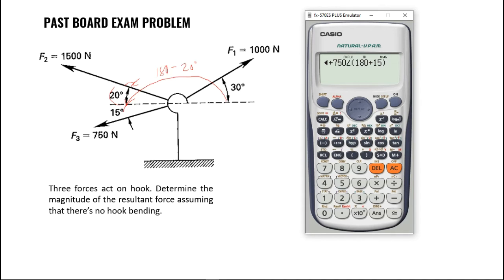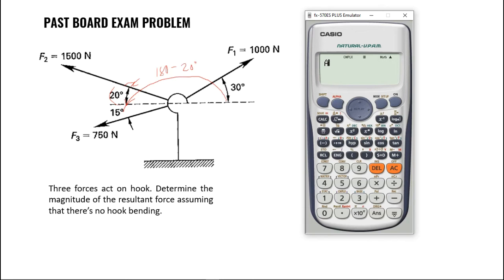Then equals lang natin. Then ang makuha natin dito guys, this is your x and y components of your resultant vector. So this is for x component and this is for y component. So i-store natin yung value natin guys. So shift store, let's say sa A. So automatic guys, naka-store na siya sa A.